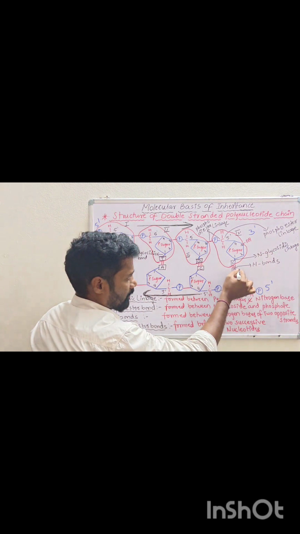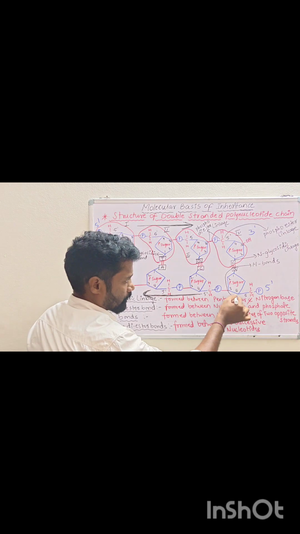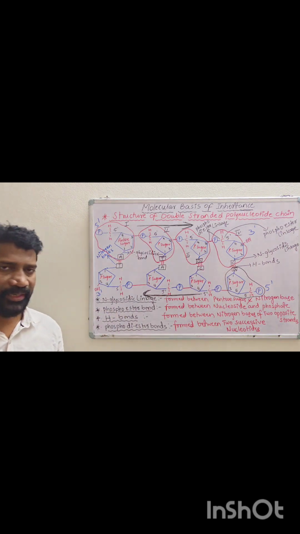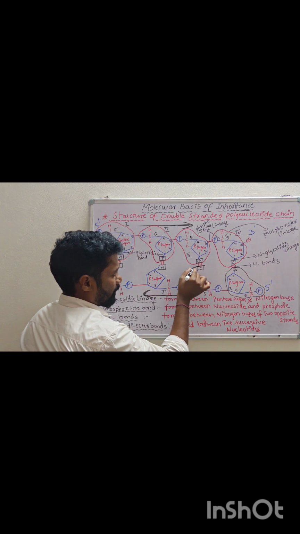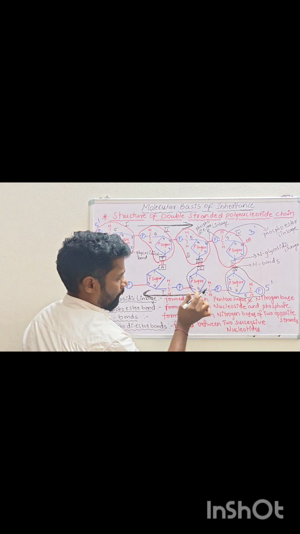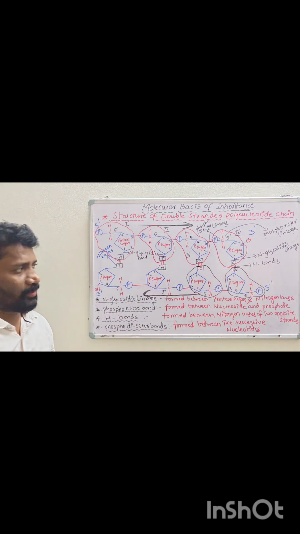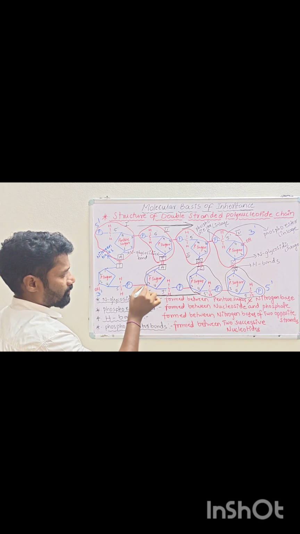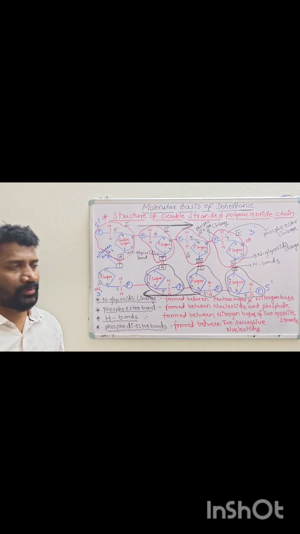Suppose here it is nitrogen base, pentose sugar, and phosphate. It is one nucleotide. In the same way, C, nitrogen base, pentose sugar, and phosphate is another nucleotide. Next, nitrogen base, pentose sugar, phosphate, another nucleotide.